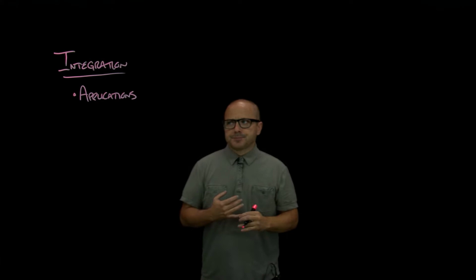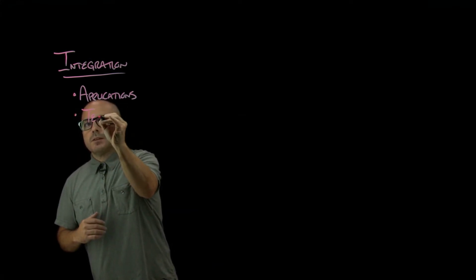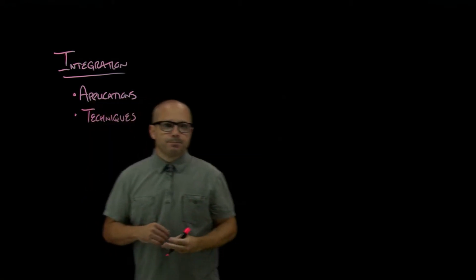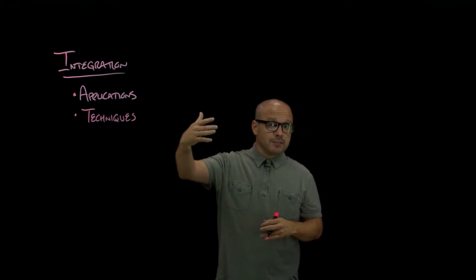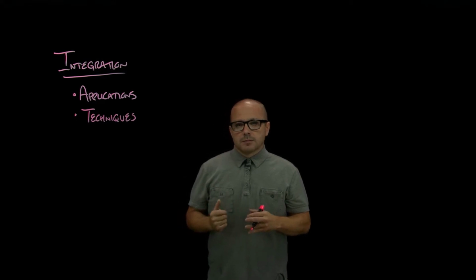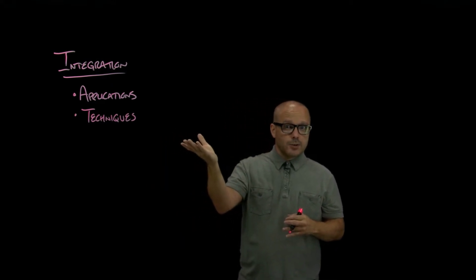And then after that, you learned that from the fundamental theorem of calculus, to evaluate a definite integral, you just take the antiderivative and evaluate it at b and evaluate it at a. Well, that sounds simple enough, but how do you figure out what the antiderivative is?